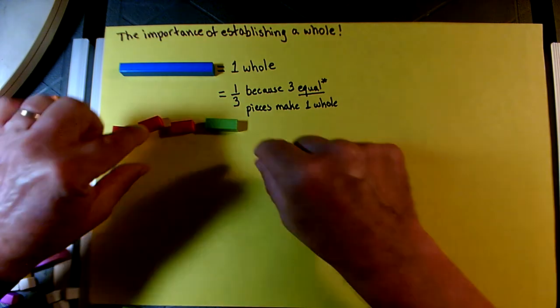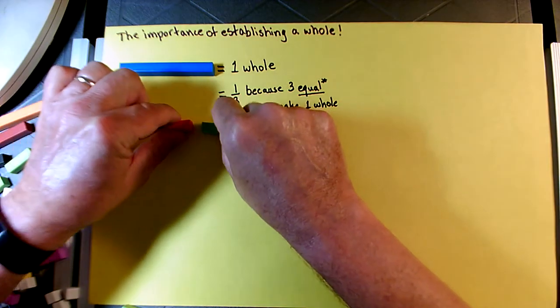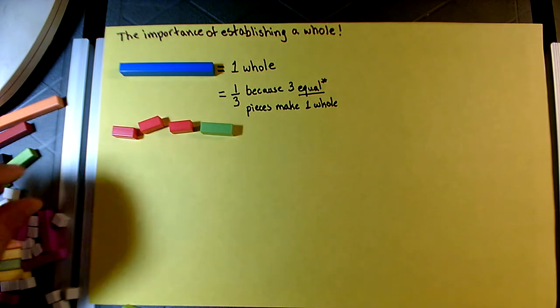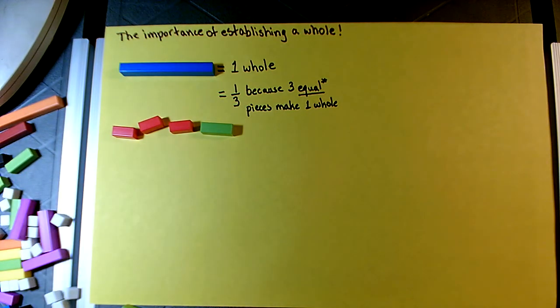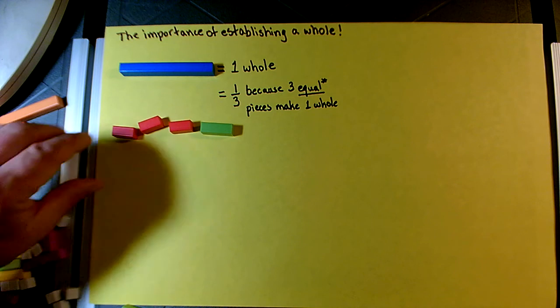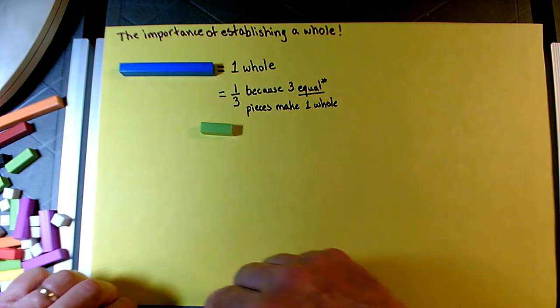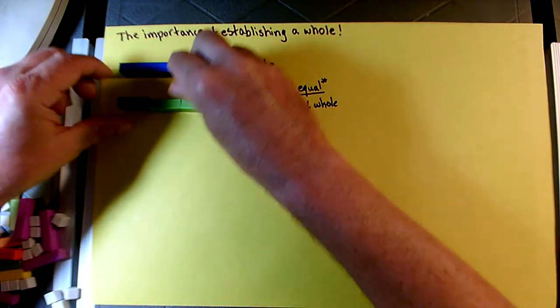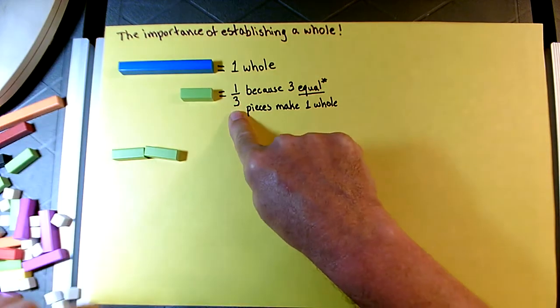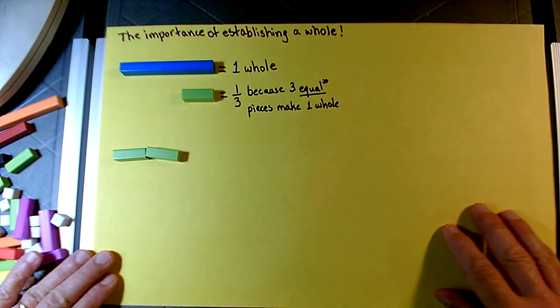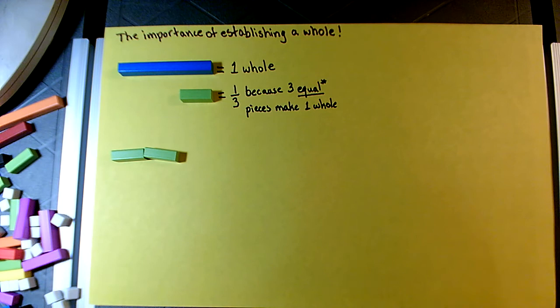Well, we know that can't be true because we're going to have 2 different sizes with the same value. The reason each of those is not equal to 1/4 is because they're not equal size pieces. Only when we have equal size pieces, like this, can we say that it's equal to 1/3. Okay, so the light green is equal to 1/3 because 3 equal pieces make one whole.